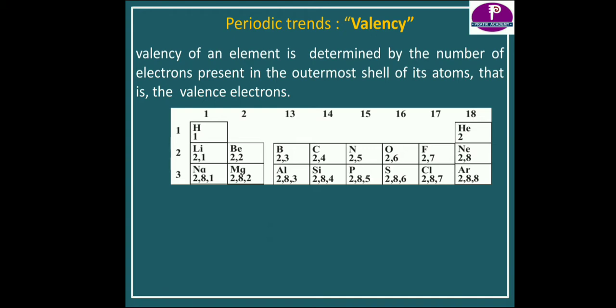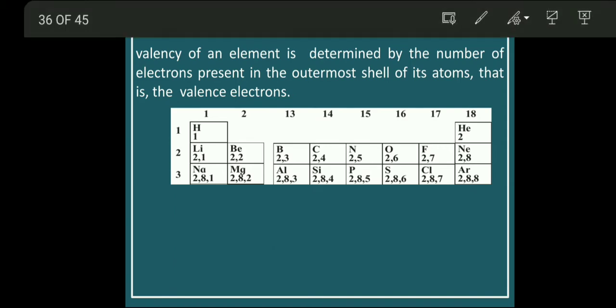Here in case of group 1, in hydrogen the valence electron is 1. In lithium, the number of electrons in the outermost shell is again 1. In case of sodium, it is also 1. If you consider group number 2, then beryllium has 2 electrons, and magnesium has 2 electrons in its outermost shell.